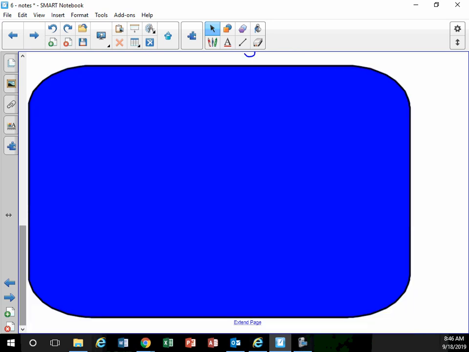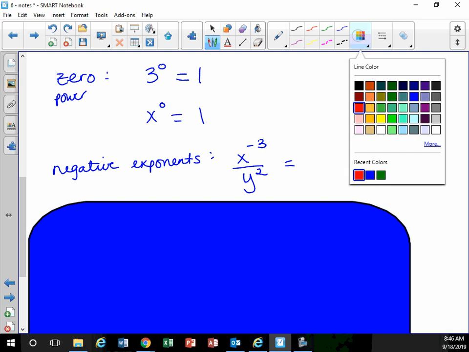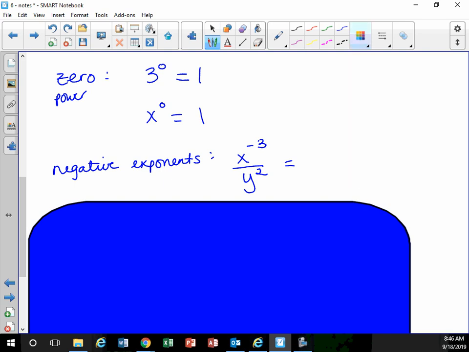All right, negative exponents. This is where it starts to get a little trickier. Jot it down and then we'll go through what's actually happening here.